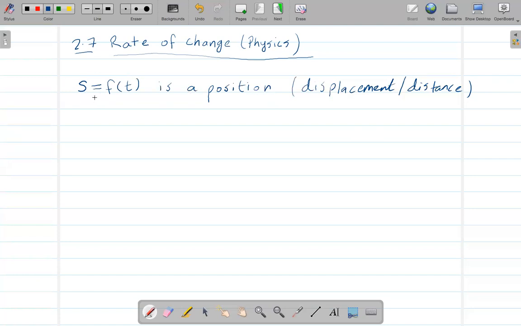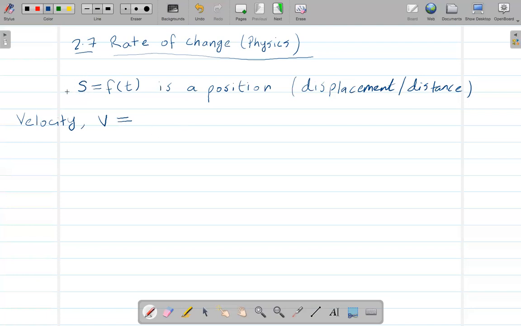And from this function, you can find the velocity, or we can even say this v. We can find the velocity from this position function if I take the derivative of it.